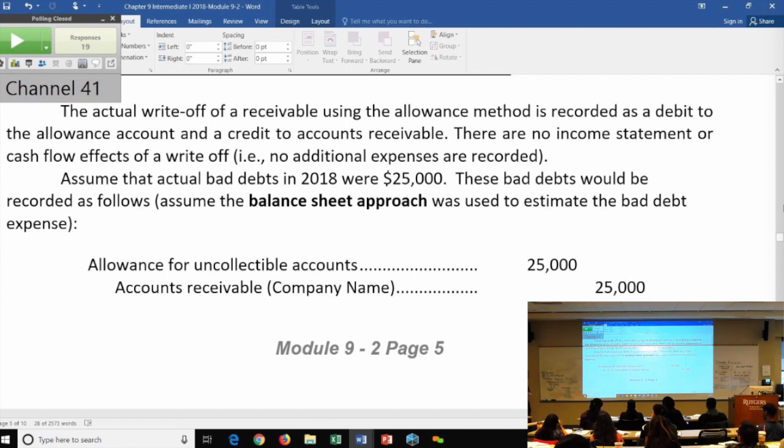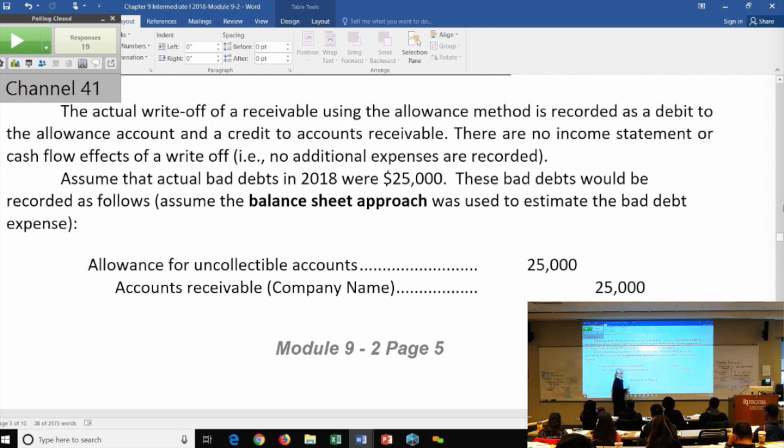So any write-off under the allowance method does not generate additional expenses. So you debit the allowance account, credit the accounts receivable for the specific customer name. And remember what we said, this could be 2 years later that you write this account off. You don't want to distort net income in that year. So if this sale was a 2016 sale and you write it off in 2018, no additional expense is charged.